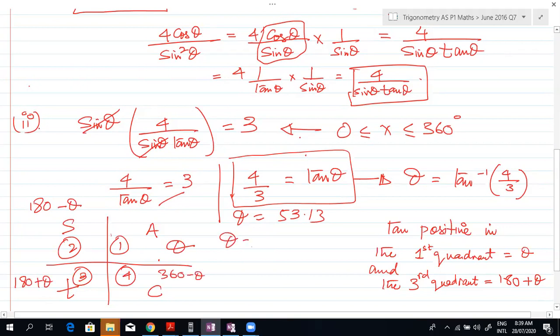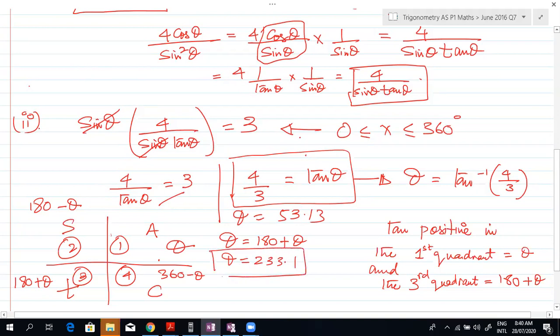So we have the third one, 180 plus theta. That is going to give us 180 plus 53.13, which would give you 233.1.